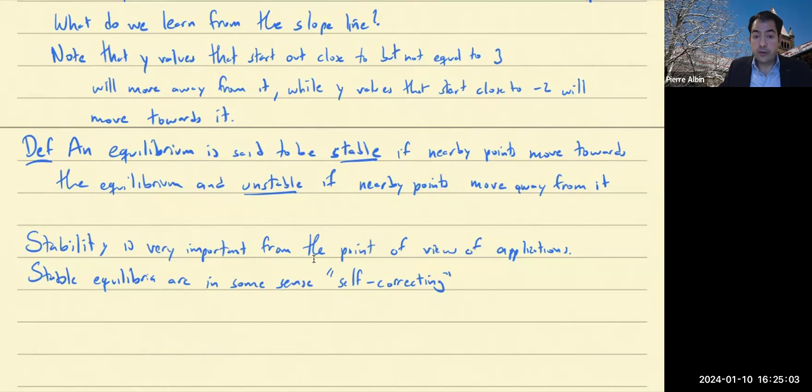Right? If you start near it, then the dynamics will evolve to move the solution closer to it. Right? If the equilibrium is unstable, then the dynamics tend to move the solution away from it.